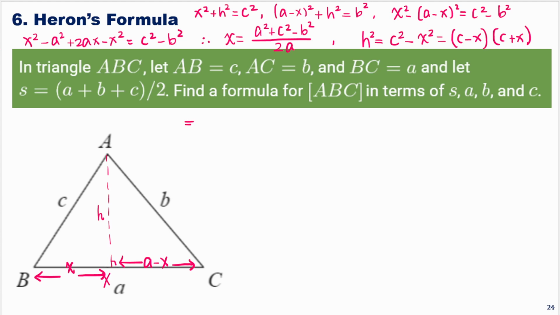And then we can insert the value of x into that equation. Note that x equals this expression here. So c minus x equals c minus (a squared plus c squared minus b squared) over 2a. And c plus x is c plus that expression over 2a.